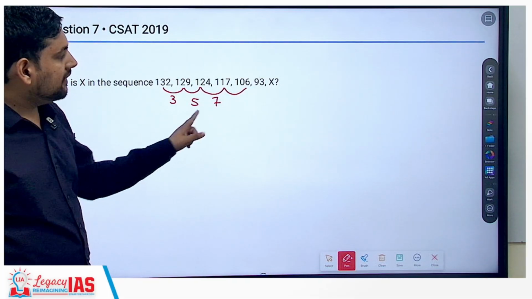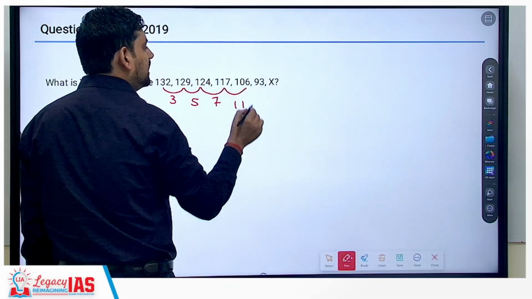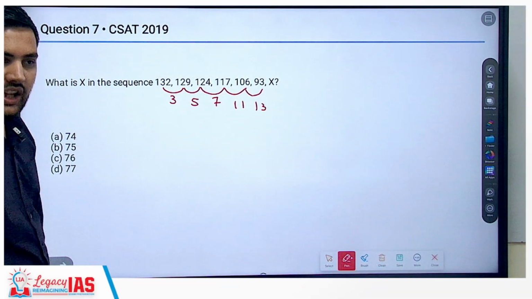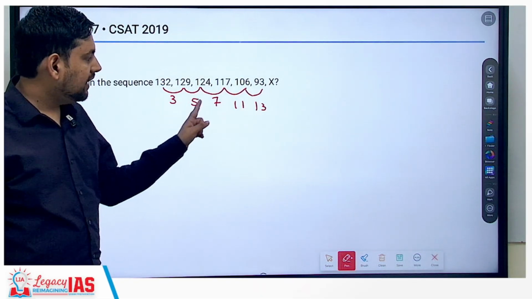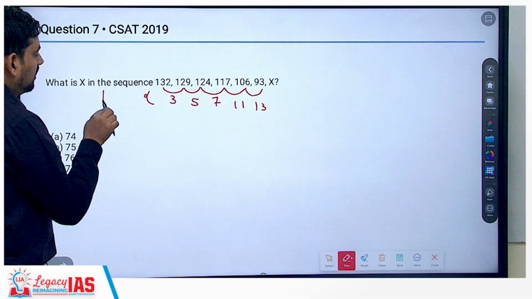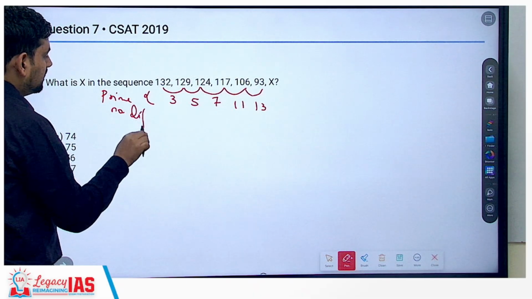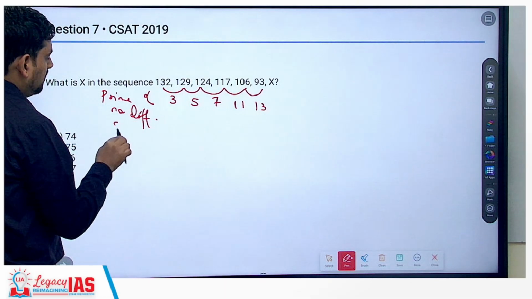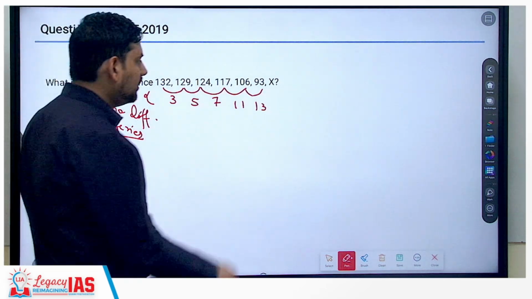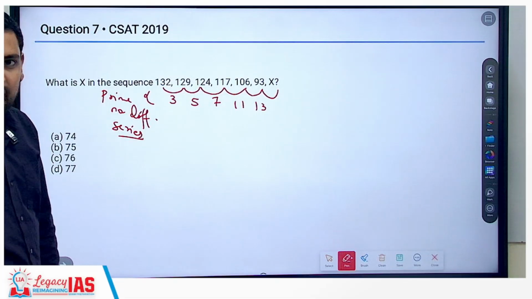So 3, 5, 7. Next is what? 117, 106. The difference is 11. Next difference is what? 13. Now what is this series? 3, 5, 7, 11, 13. This is actually a prime number difference series. So next will be a prime number difference. So here the difference is 13.